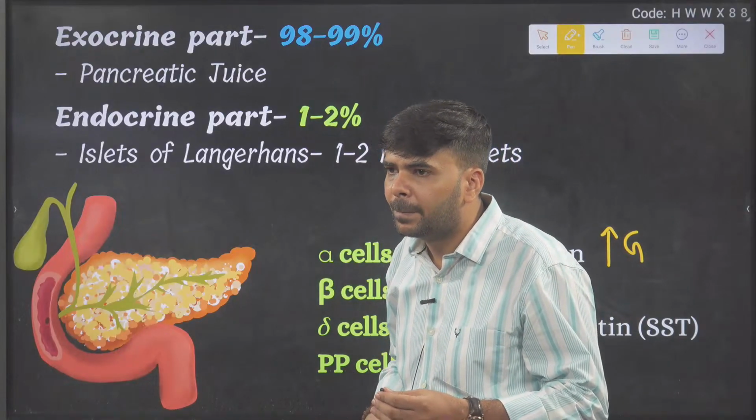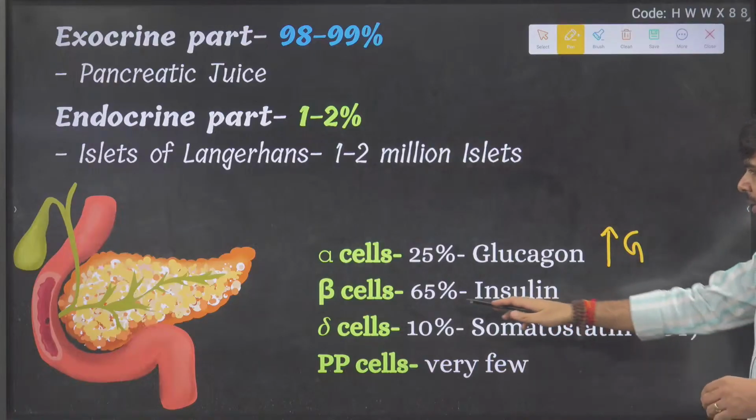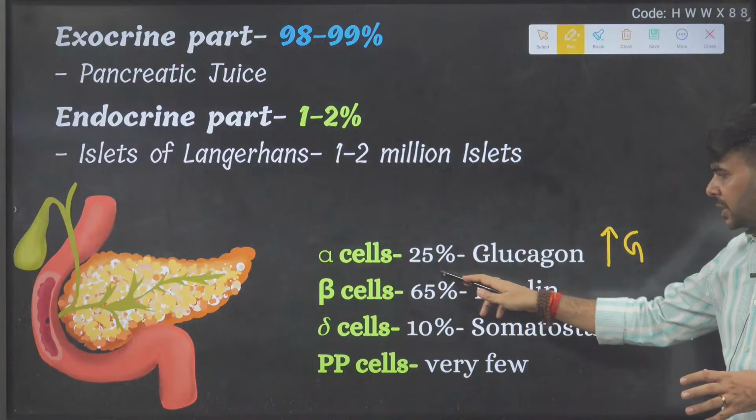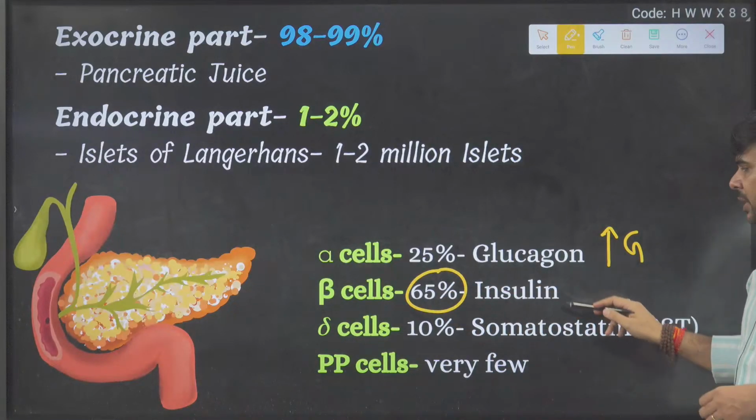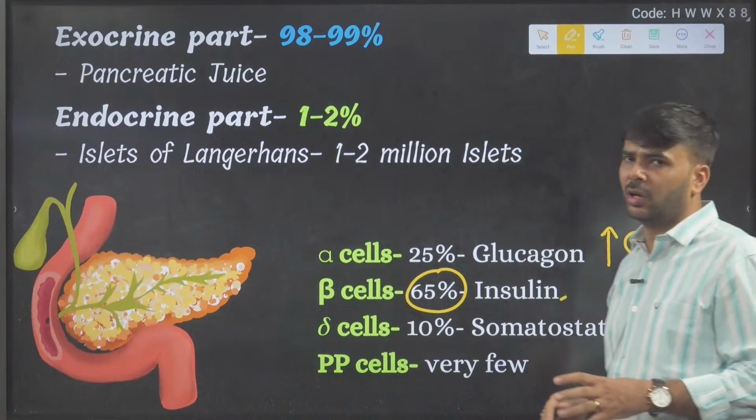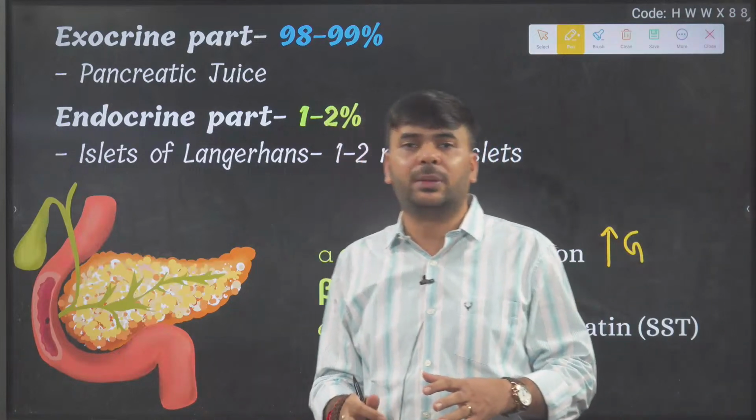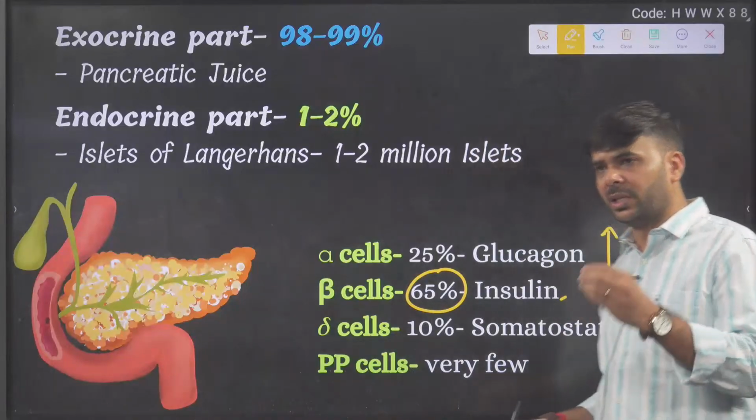Then next, beta cells. They are 65%, the maximum, and they release insulin, a very well known hormone to you. You may have heard about diabetes. Today we are going to discuss a little about diabetes.